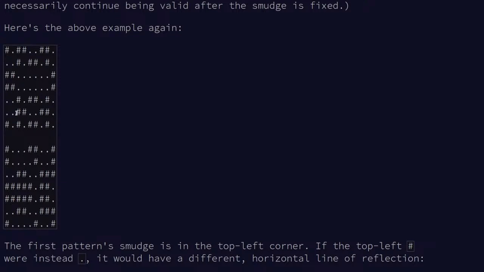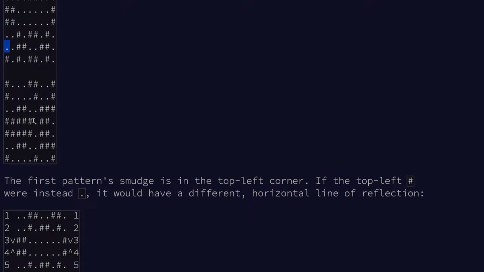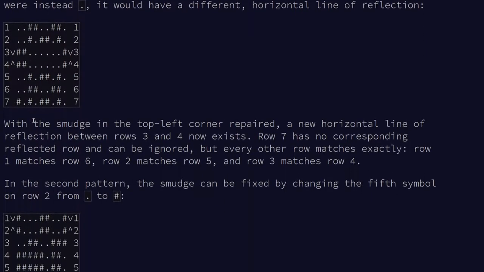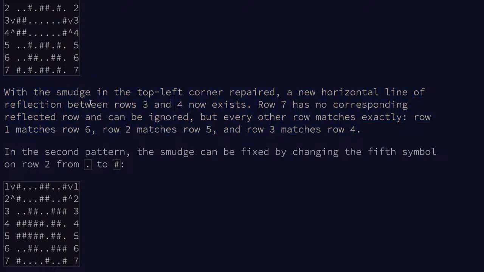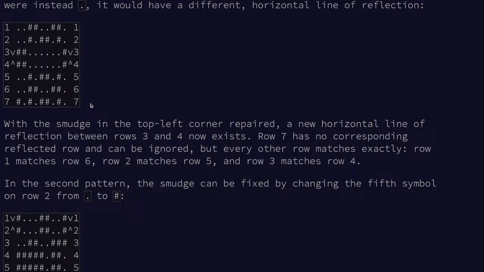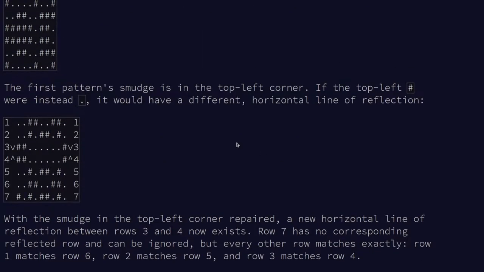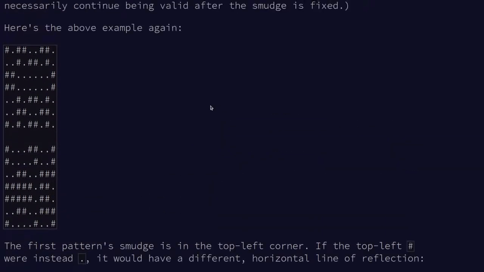But if you change this character to a hash, then also it will give a horizontal line. Instead, it would have a different horizontal line of reflection. But initially, it wasn't even there. There was no horizontal line of reflection in this grid.